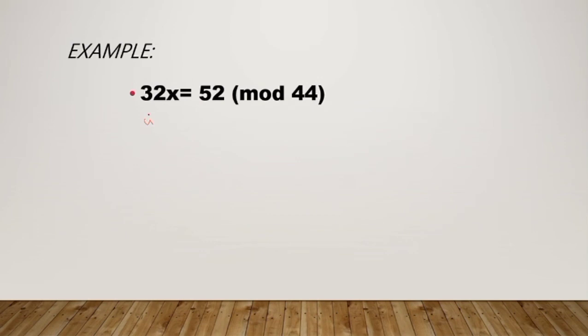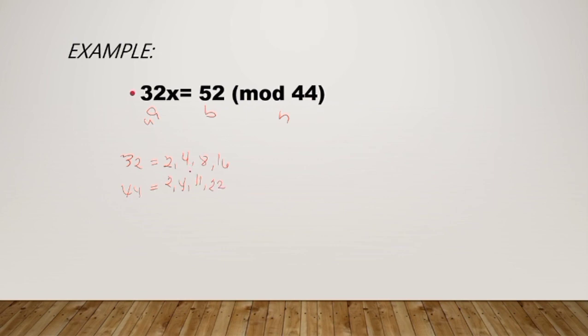Example number 3. 32x is equal to 52 mod 44. Here is our a, b, and n. The factors of 32 are 2, 4, 8, and 16, while the factors of 44 are 2, 4, 11, and 22.